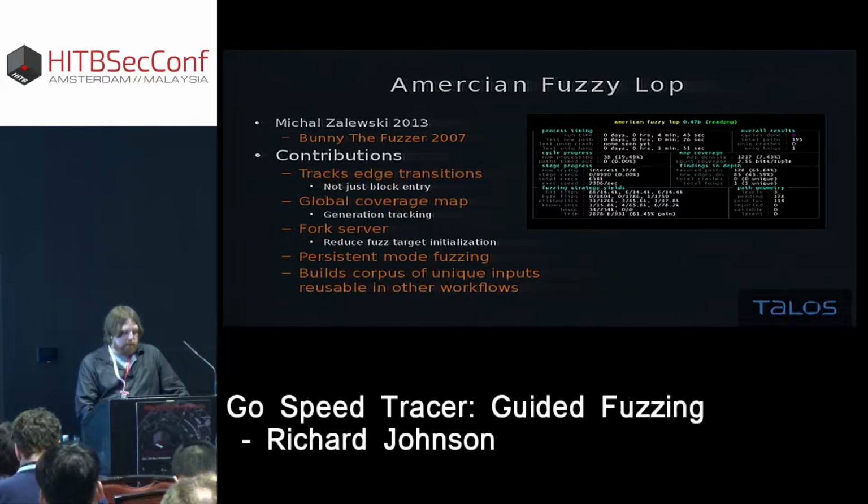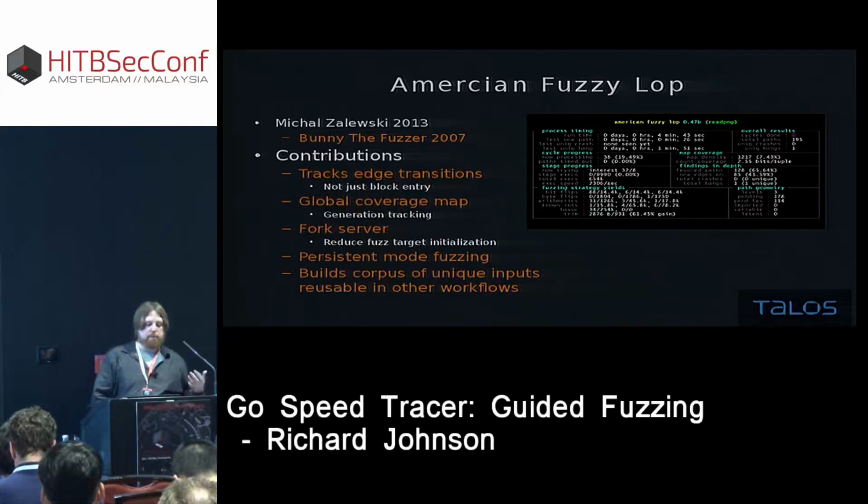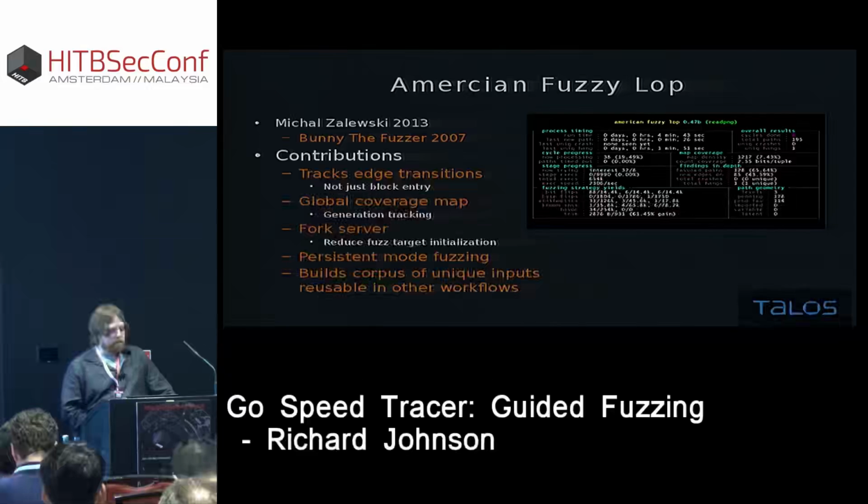And it brought a fork server into the mix as well, which is just a much more efficient way of spawning processes. When you're on Linux, you get a copy on write duplication of the address space, so you can pretty much instantaneously spin up a new process to test.